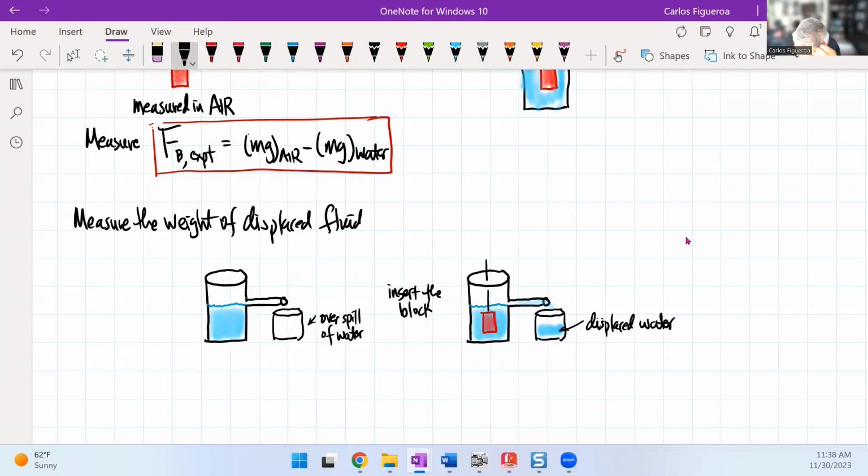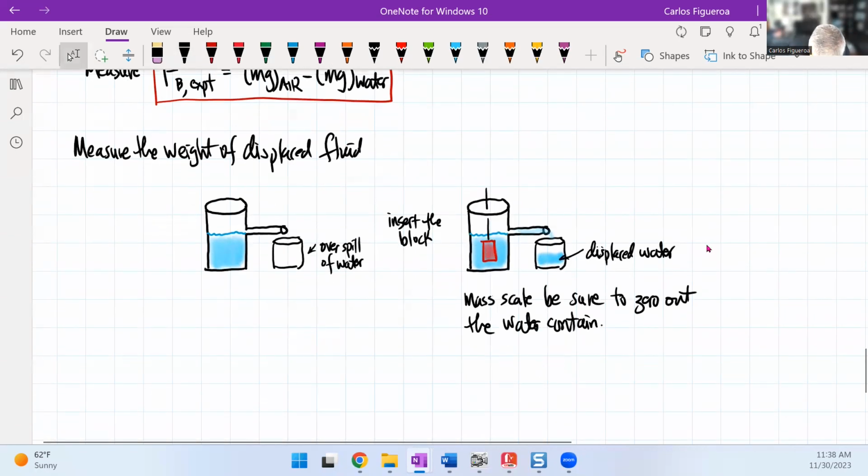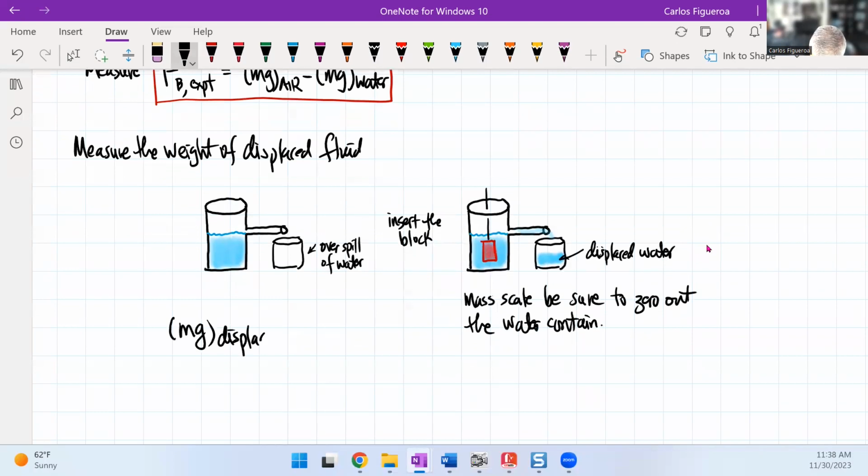So now, weigh that water. When you use your mass scale, be sure to zero out the water container so that the mass scale only reads the mass of the water. Now you have the weight of the displaced fluid. You have a number.